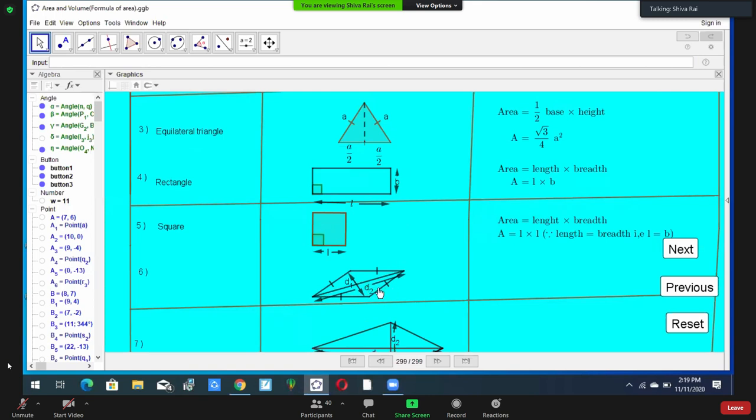What's the difference between rhombus and square? All the sides are equal, but in a rhombus none of the angles equal 90 degrees, while in a square all the angles equal 90 degrees.